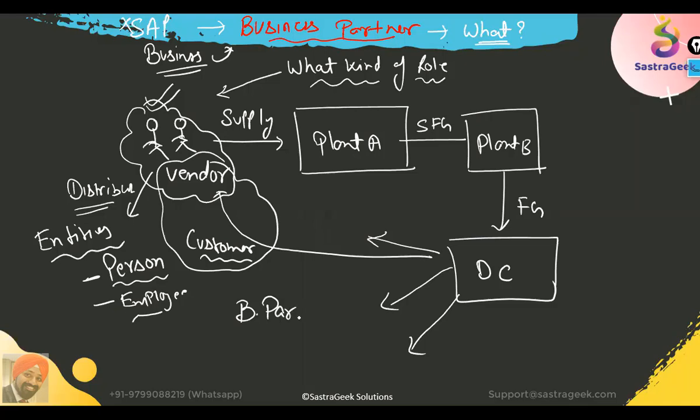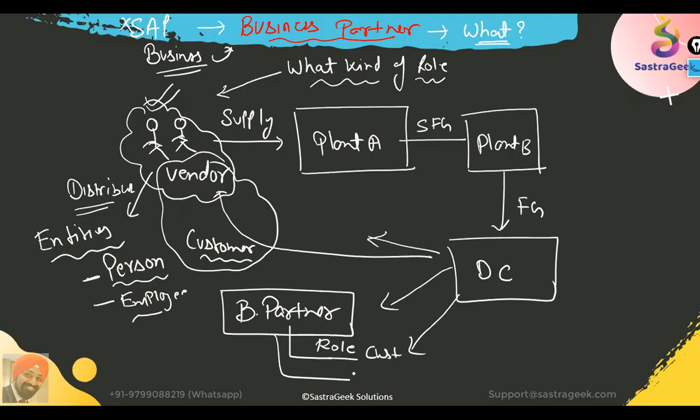So we say business partner, whether it's a vendor, a customer or anything. What kind of things he would be able to do will depend on the role he is doing. A business partner can have the role of a customer. A business partner can have the role of a vendor.